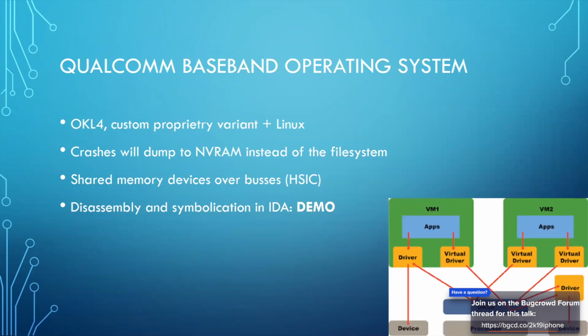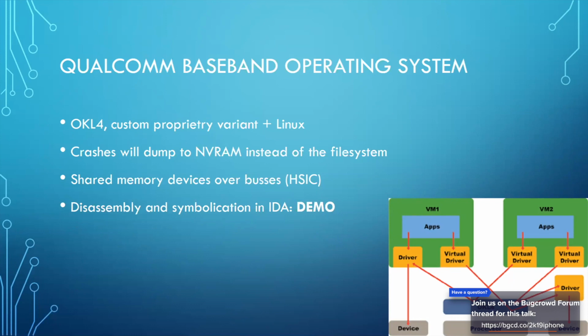That operating system, the OKL4 kernel, is just a custom proprietary variant of the original OKL4 kernel, and they also seem to implement some Linux kernel, but you cannot see that as that is in the protected random access memory, internal memory.